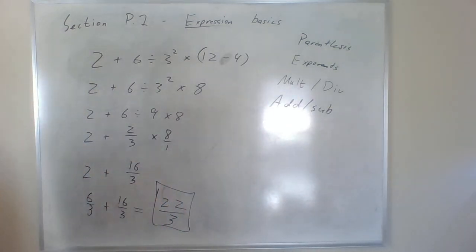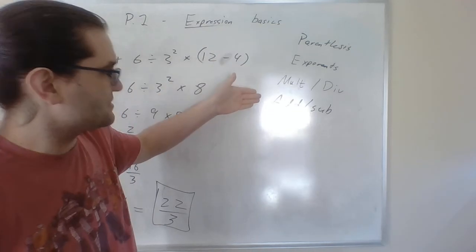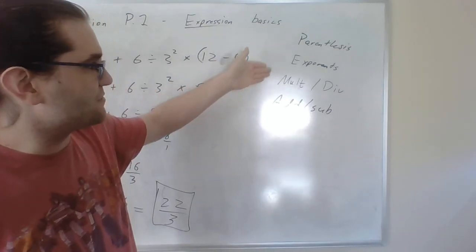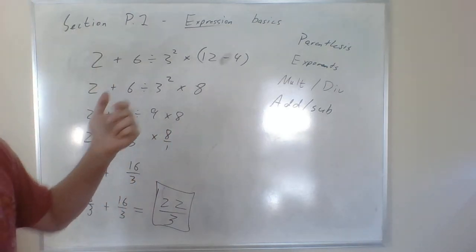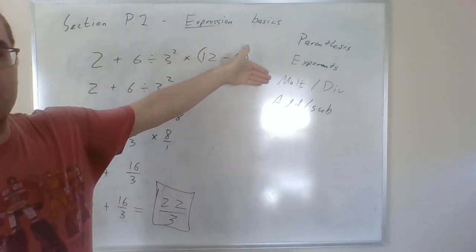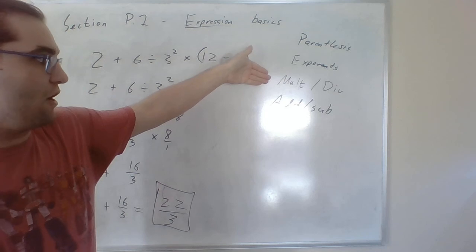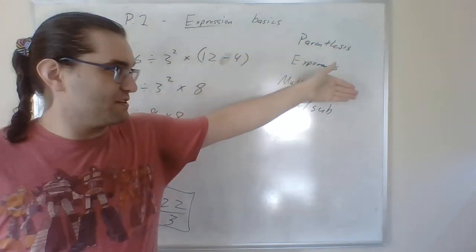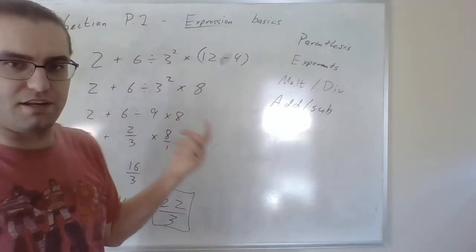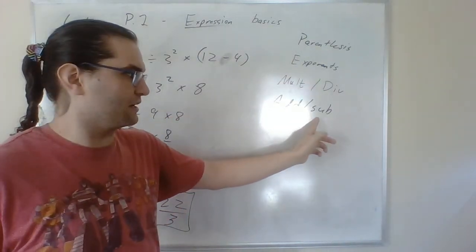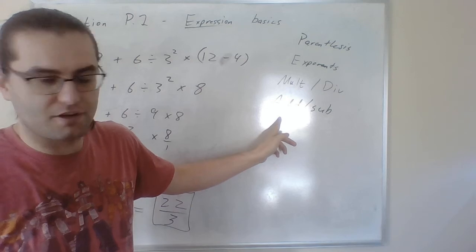So we have this PEMDAS thing: parentheses, exponents, multiplication, division, addition, subtraction, and the thing to keep in mind about this is that multiplication and division are essentially the same operation. In the same way that I said a couple minutes ago that instead of subtracting numbers, think about adding the negative version of the numbers.